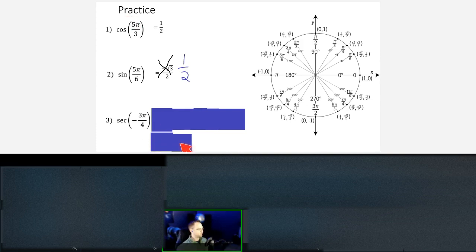It is negative radical 2. What did the rest of you get? Maybe you just didn't finish the problem. So negative radical 2 divided by 2.